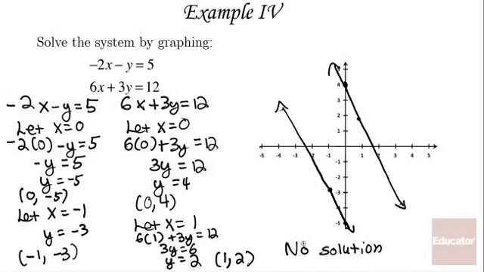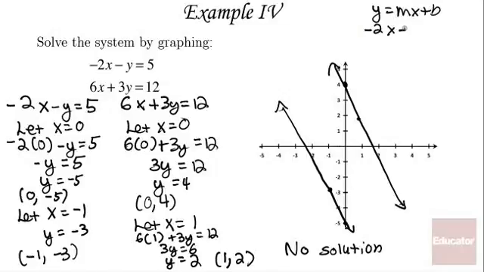And remember, another way to check your answer on this one, since you don't have a set of solutions to insert, is to figure out the slope, because these two lines are going to have the same slope if they are truly parallel. And remember, if we write this in slope-intercept form, y equals mx plus b, we can find the slope.